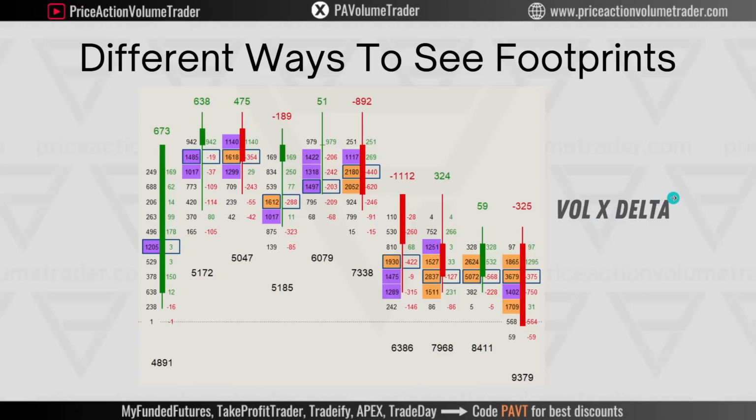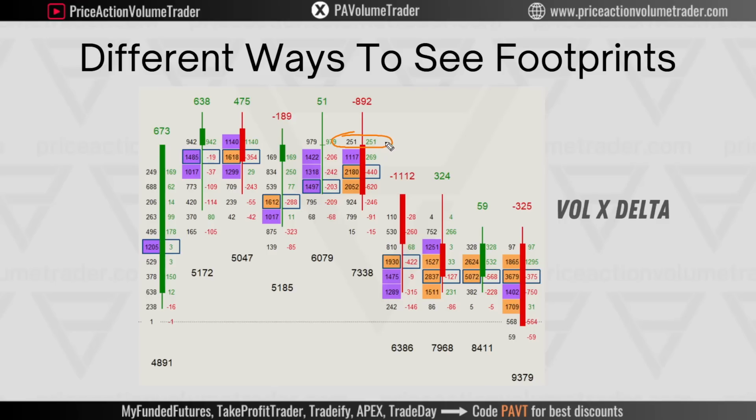We have volume by delta. This is actually one that I like a lot, where the left column is total volume at each tick level, and on the right we have delta. So basically you can see here 251 traded up at the high here, and 251 green delta.